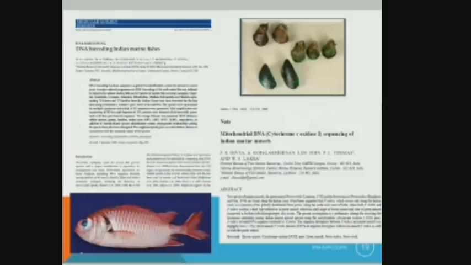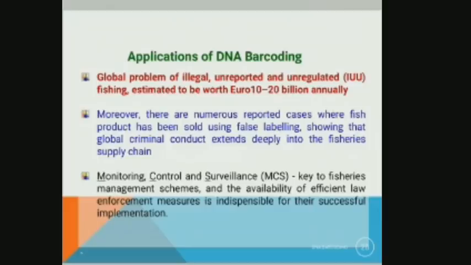When it comes to applications, a lot of applications are in place using DNA barcoding, and this is one of the first publications that has come out. In the fisheries field, as you would have heard, there is IUU, illegal, unreported and unregulated fishing, which goes on without any record.